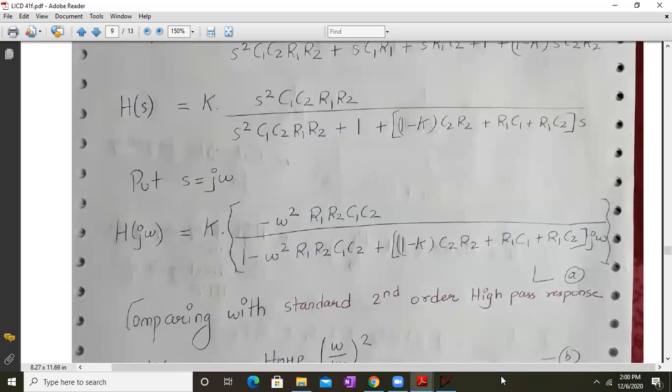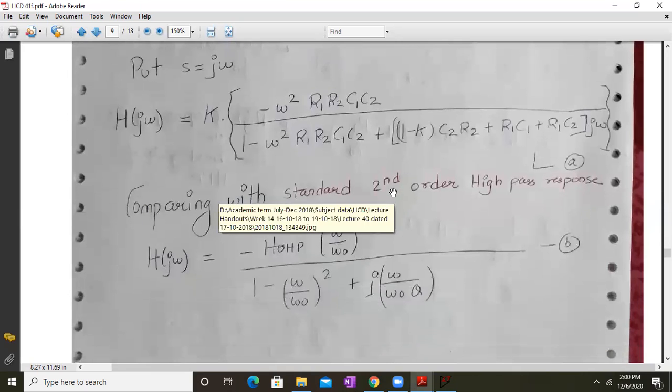So we get K times, in the numerator, minus omega square R1 R2 C1 C2, and in the denominator we have 1 minus omega square R1 R2 C1 C2, since j square is minus 1, plus j omega into 1 plus K times C2 R2 plus R1 C1 plus R1 C2. So this is equation number A.